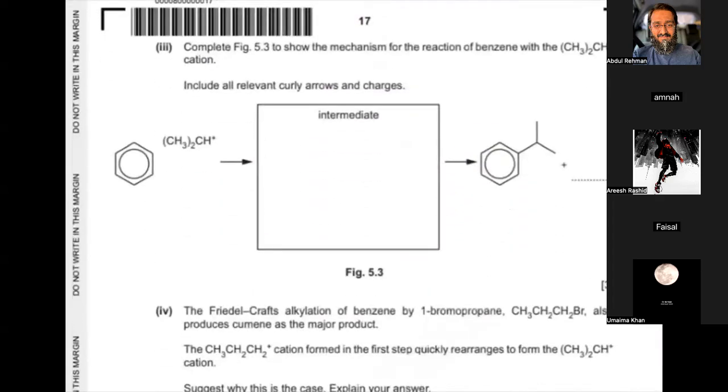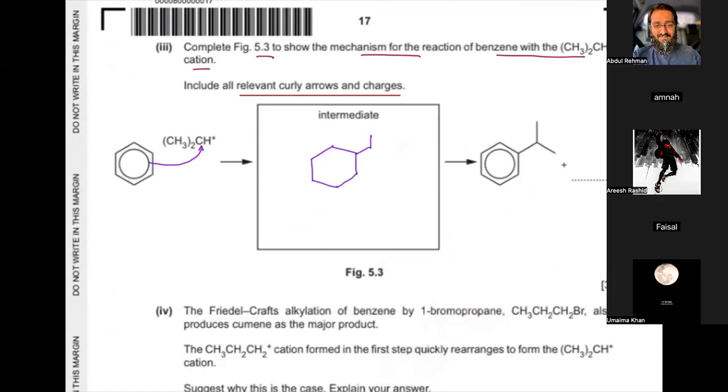Now, figure 5.3 shows the mechanism for the reaction of benzene with this cation. Include all relevant curly arrows and charges. So first, see, this carbon is positively charged. So the attack occurs from the pi system to this carbon. Now, as an intermediate, you are going to make the benzene hexagonal ring.